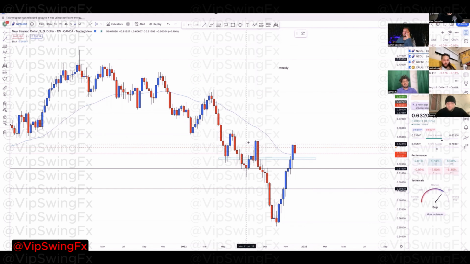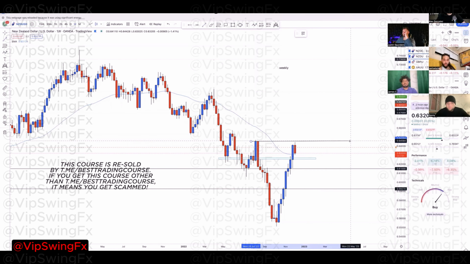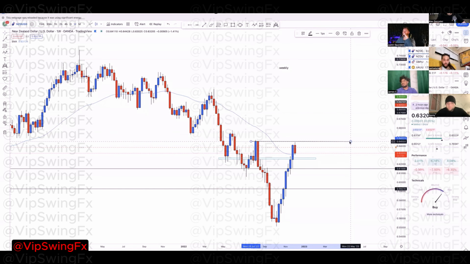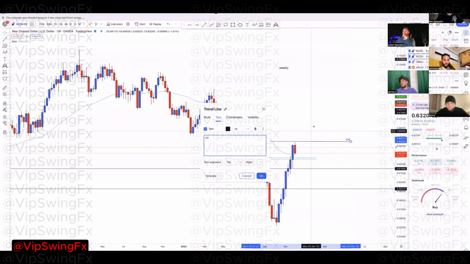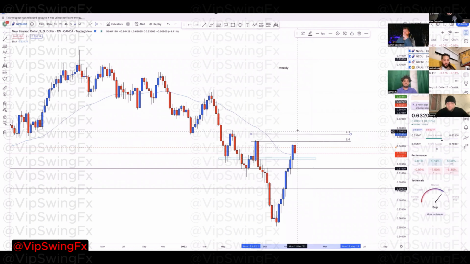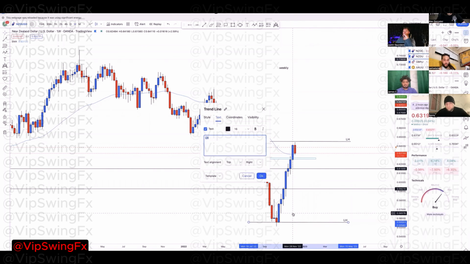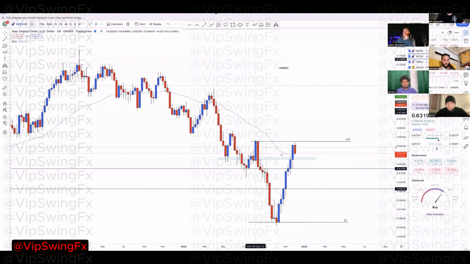Meaning if this is the lower high point, this is the lower high. And then if this is the lower low, we put it at the bodies. We haven't broken out, making this still bearish.